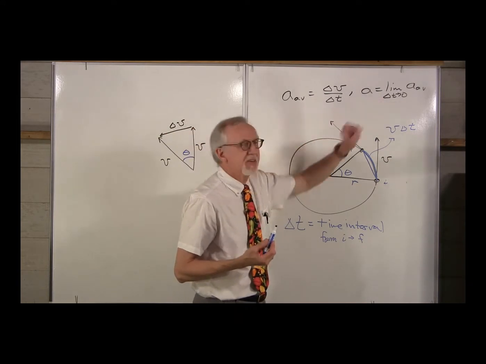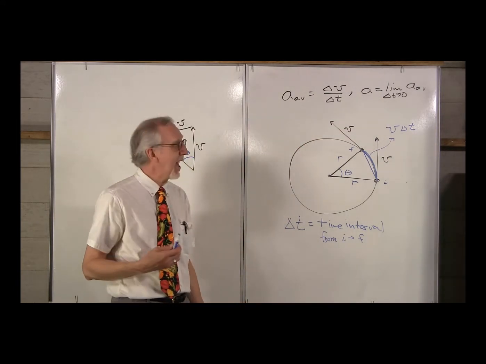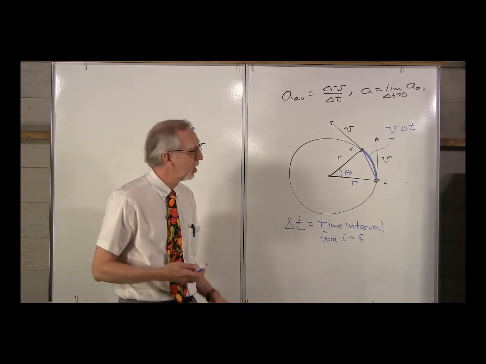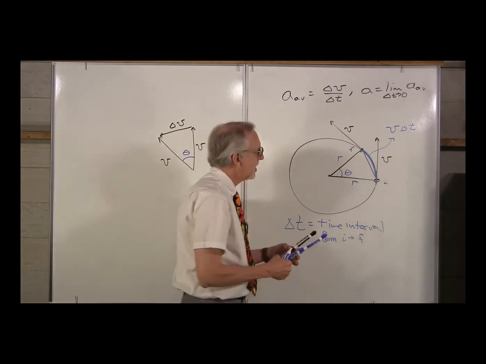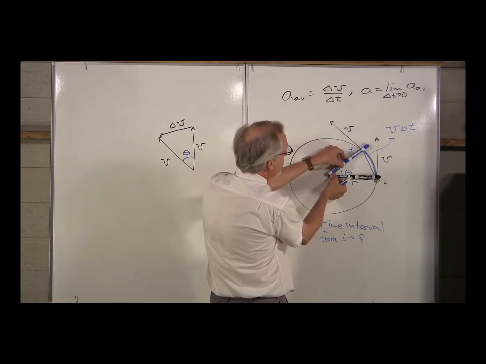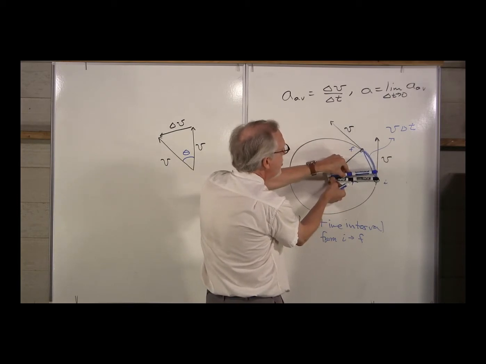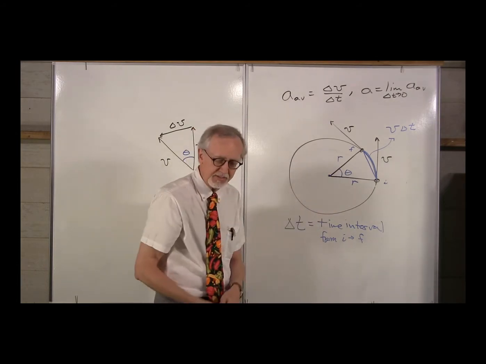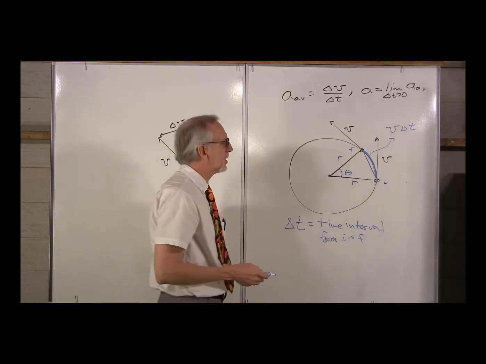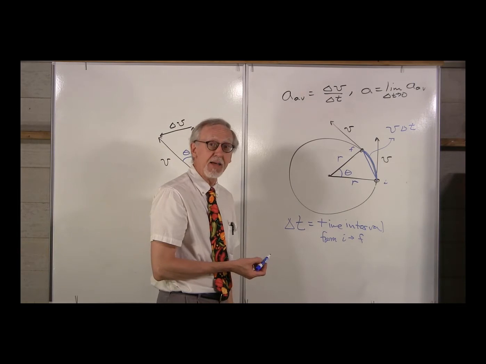Remember, we've got to take the time interval to go to 0. As the time interval gets smaller and smaller, as these two lines get closer and closer together, notice that the physical distance between those 2 points gets closer and closer to that arc length between them.